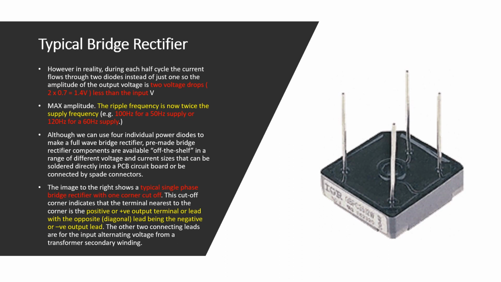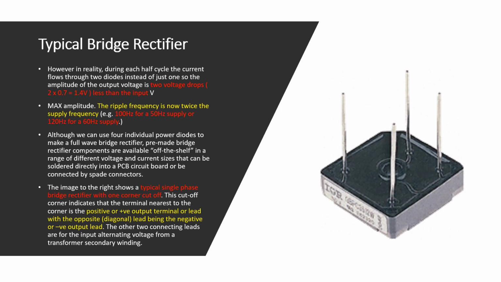As I have already discussed in the previous slide, in a bridge rectifier the voltage drop due to the two diodes is 0.7 times 2 equals 1.4, less than the input V max. The ripple frequency is now twice the supply frequency. For example, 100 Hz for a 50 Hz supply or 120 Hz for a 60 Hz supply.